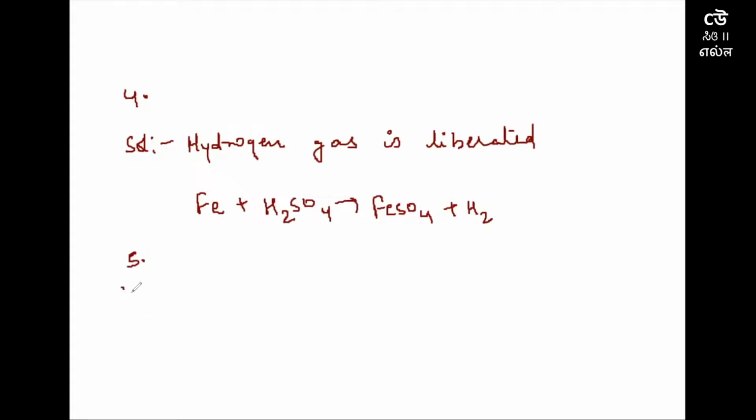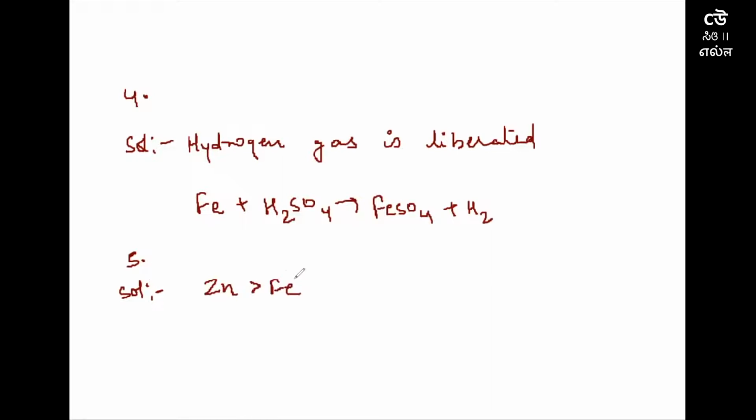Students, question number 5 says, what would you observe when zinc is added to a solution of iron 2 sulfate? Write the chemical reaction that will take place. So if we recall the reactivity series, we can say that out of zinc and iron, zinc is more reactive than iron.